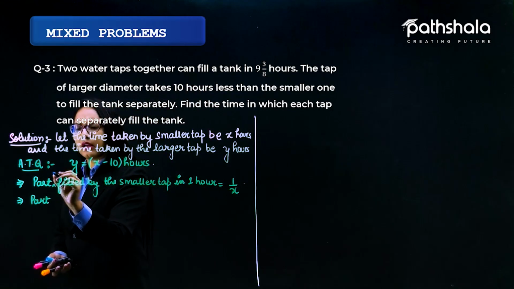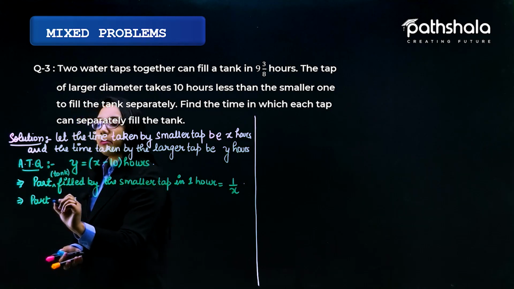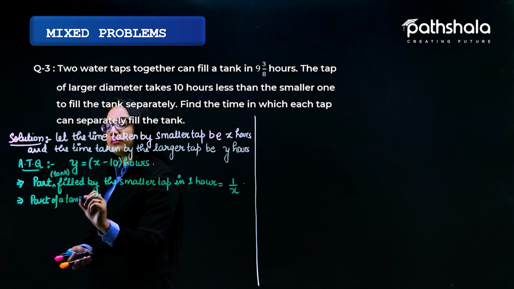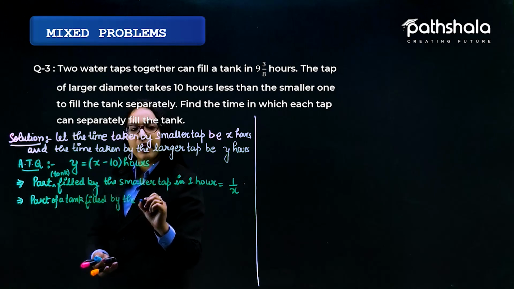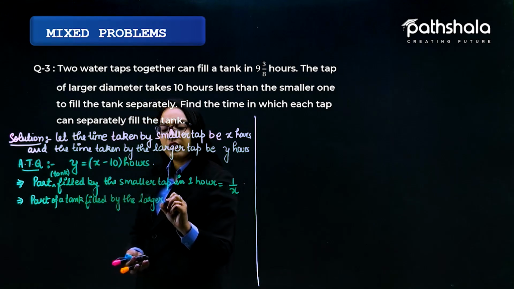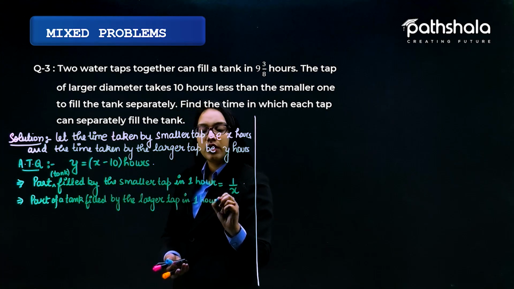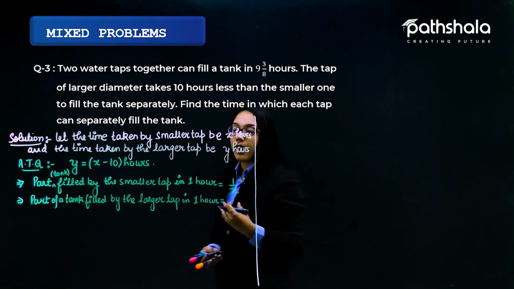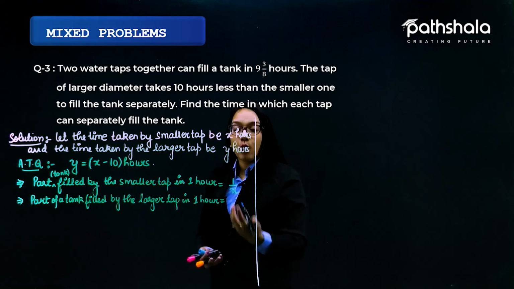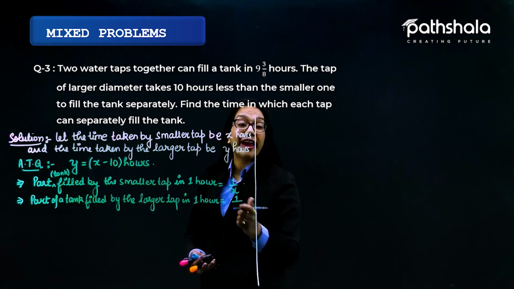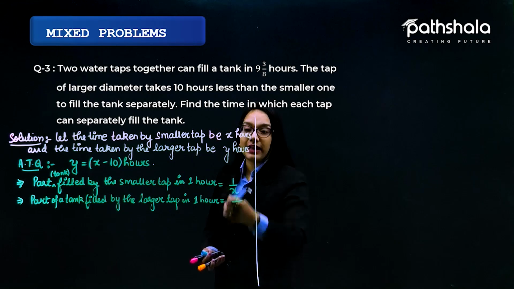So the part of the tank filled by the larger tap in 1 hour should be of the form 1 by y, because we know that the larger tap was filling the tank in y hours.